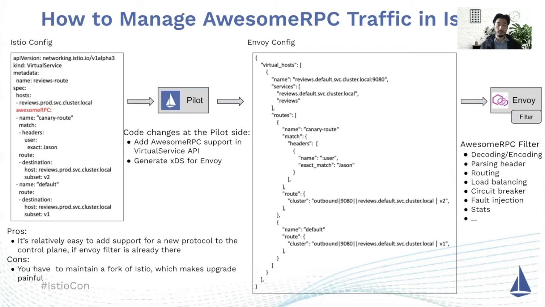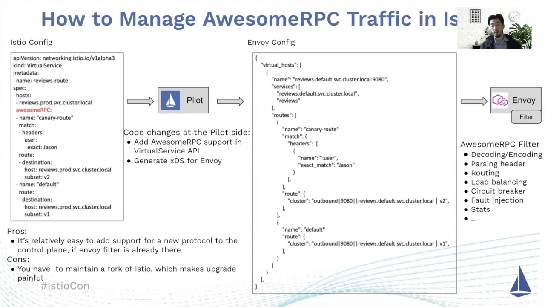We can say that it's relatively easy to add support for the new gRPC protocol to the control plane, given that the Envoy filter is already supported. But unfortunately, you have to maintain your own fork of Istio, which requires some extra effort.